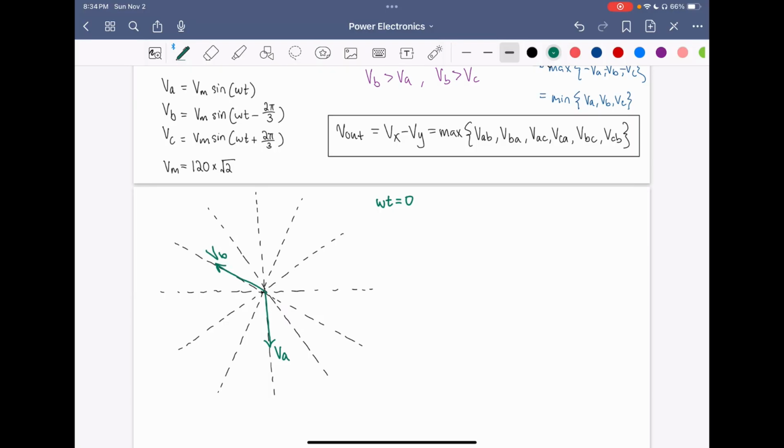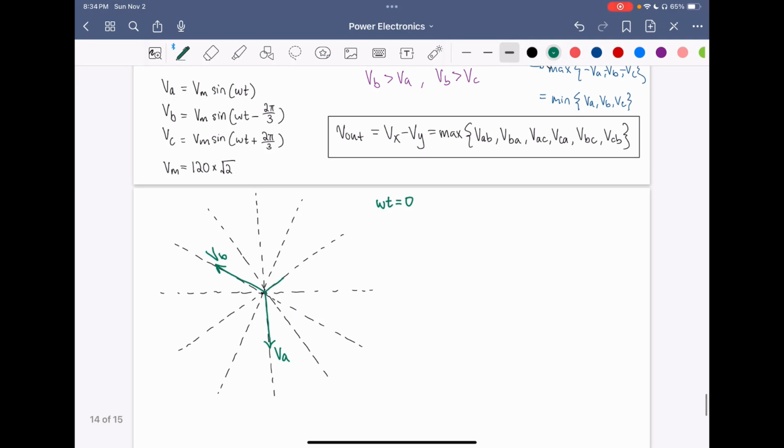So this is VB. And VC is leading VA by 2 pi over 3. 2 pi over 3 is 120 degrees, so it's going to look like this. So these are our 3 phasors for the line to neutral voltages, and they have magnitude Vm. So the lengths of each of these vectors will be Vm.